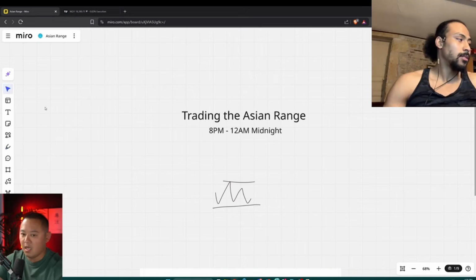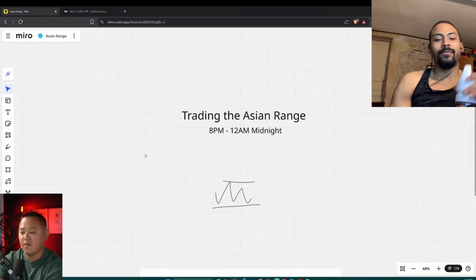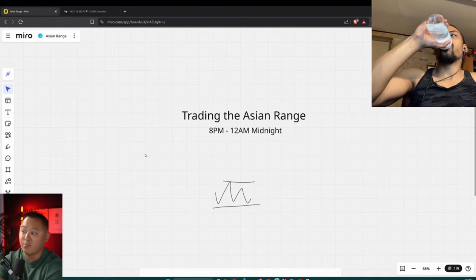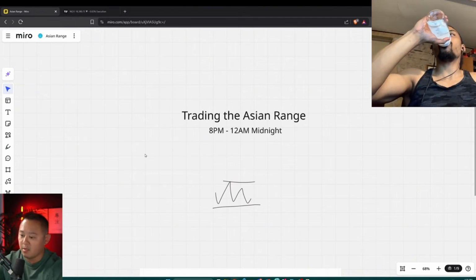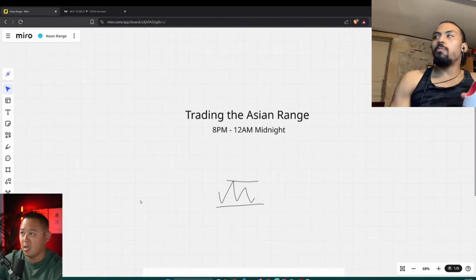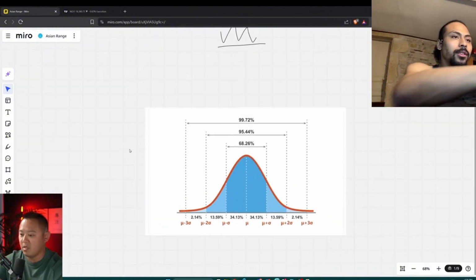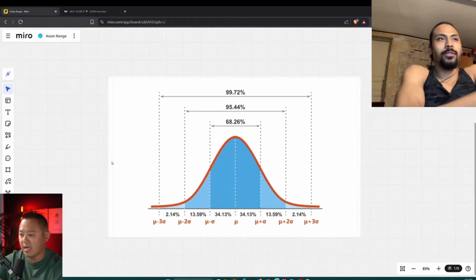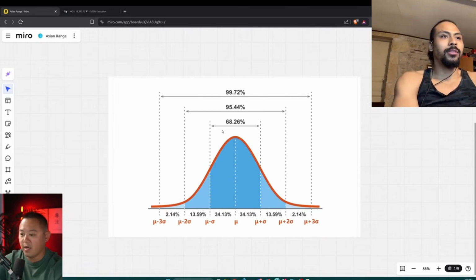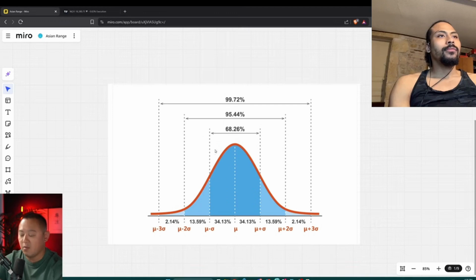Yep. And when it comes to understanding this specific Asian range, if you're not brushed up on statistics and probabilities, I'm going to bring up one image that maybe you all remember, maybe you don't, but this is extremely important when it comes to trying to visualize the Asian range. Now, what is this? This is called the normal distribution bell curve. So typically on a normal day, price stays within 2 standard deviations.